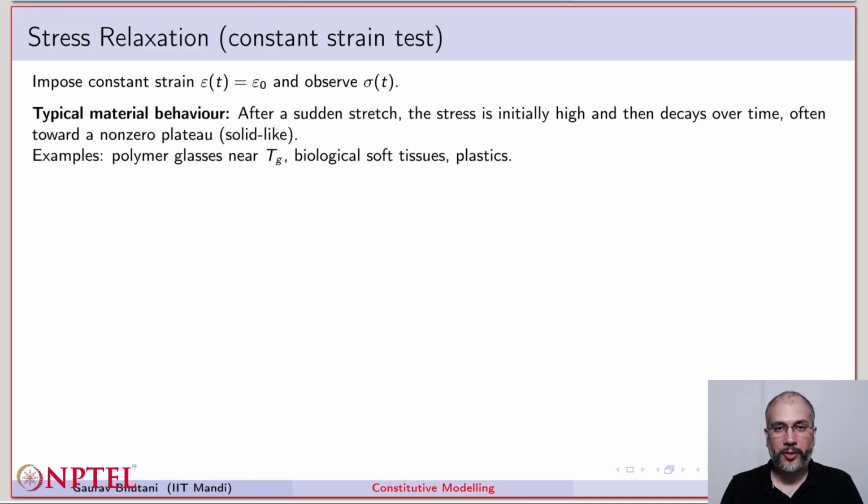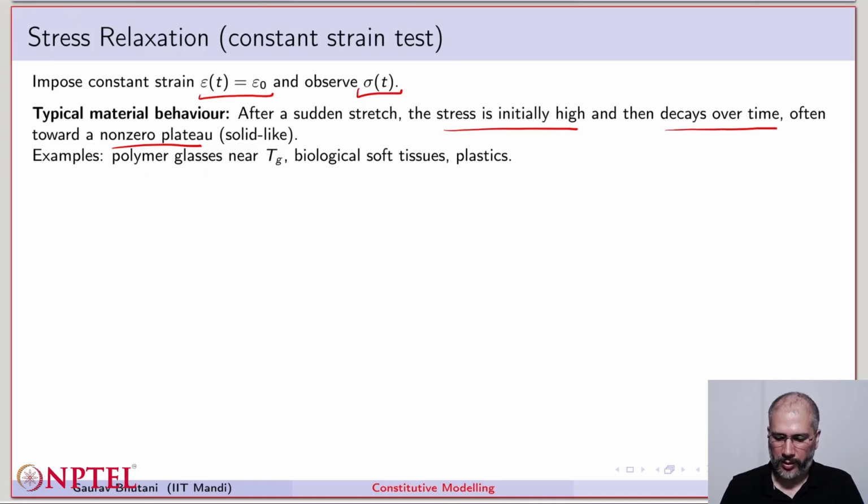Now let's also talk about stress relaxation, where you provide a constant strain to a body and observe the stress as a function of time. Typically for such viscoelastic materials which show relaxation behavior, the stress is initially high, like a solid-like stress develops in the body, and then it decays over time to a non-zero plateau.